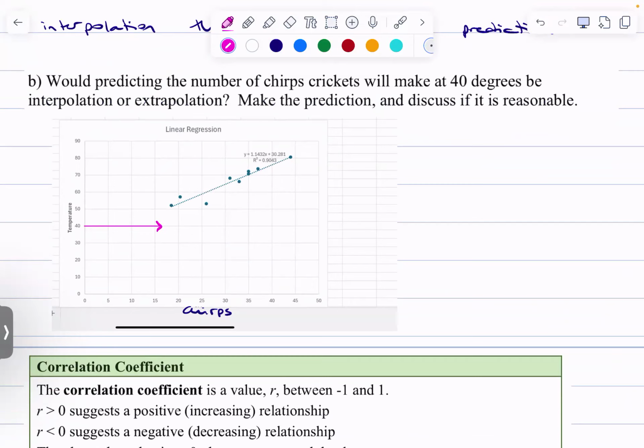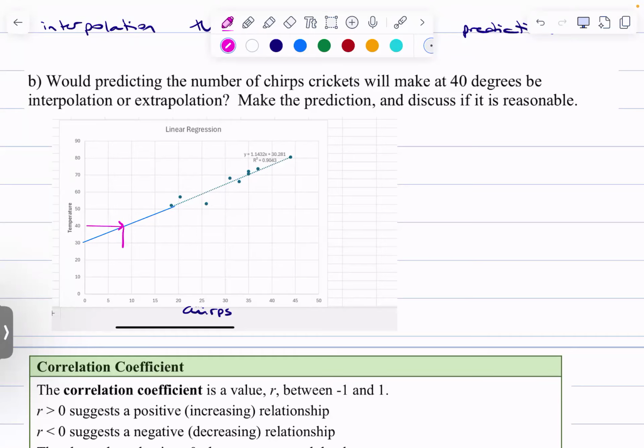Where the temperature is 40. And I guess we can extend this here to just over 30. Right, the line continues.